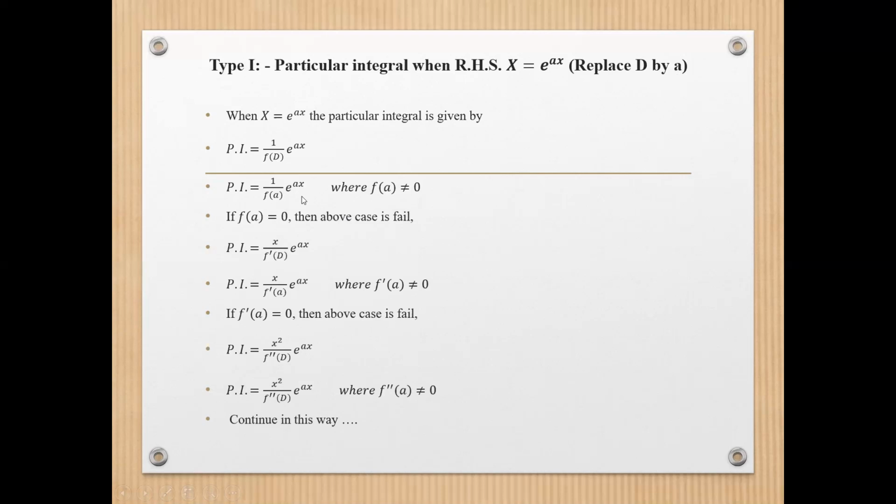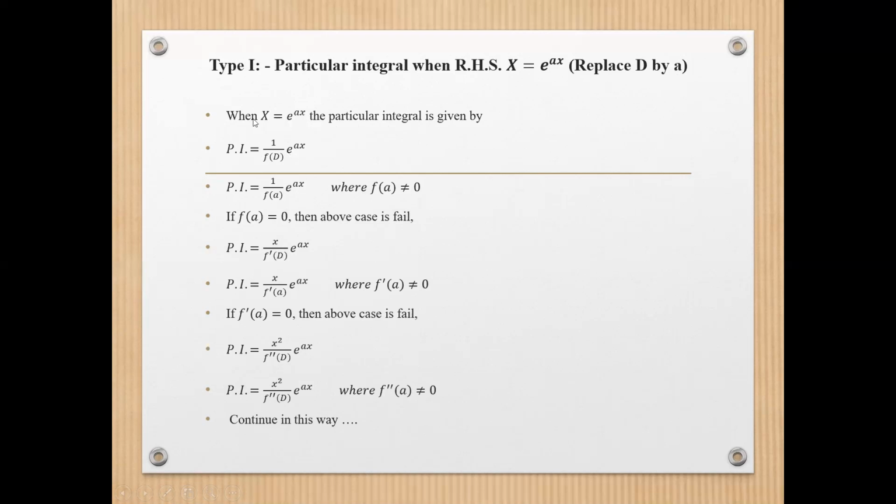Okay, see here I have written some theory. First the theory, after that we can solve 1 or 2 examples related to this case. See, X is equal to e raised to ax. The formula for finding particular integral is: particular integral is equal to 1 upon f of D into e raised to ax.